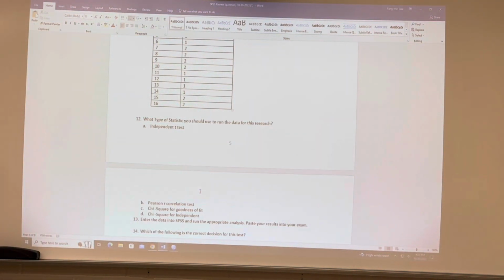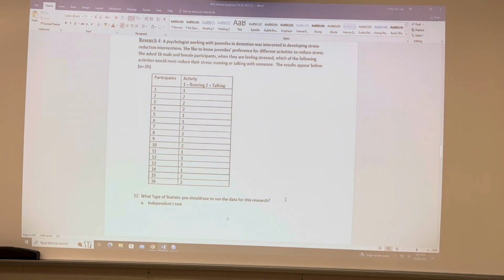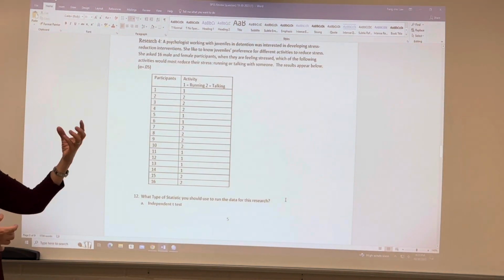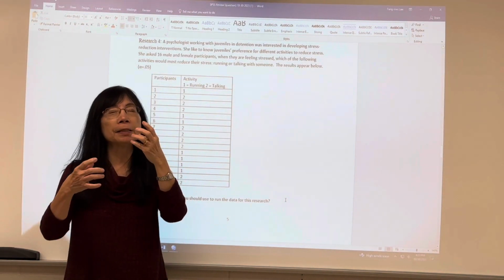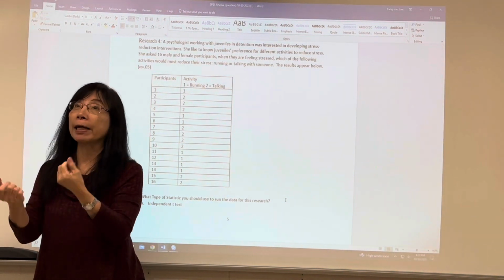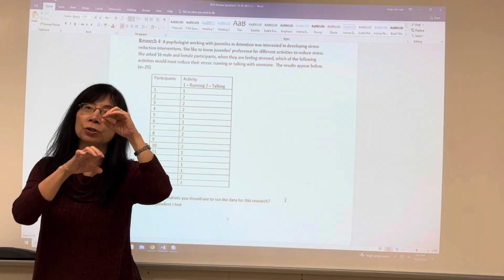It should be C, chi-square for goodness of fit, because we try to see whether the number of people running is similar to the number of people talking. We want to see if they are equally distributed.